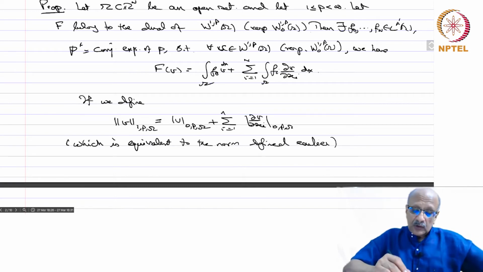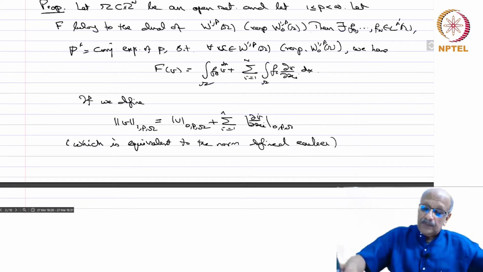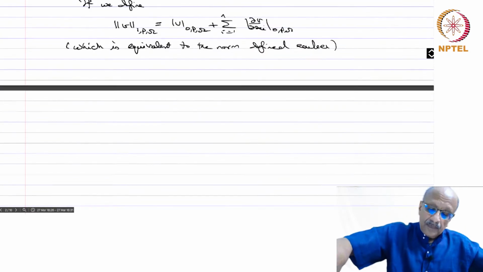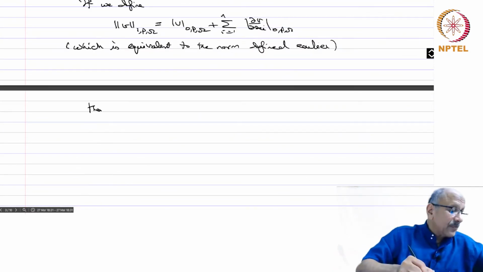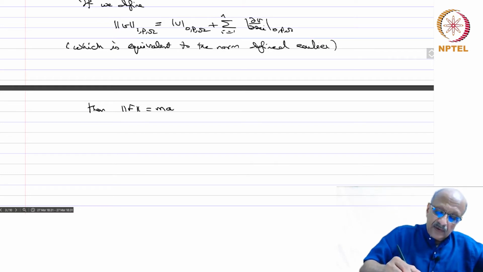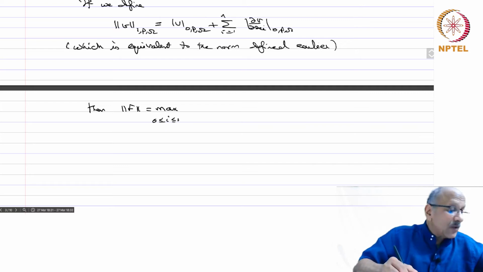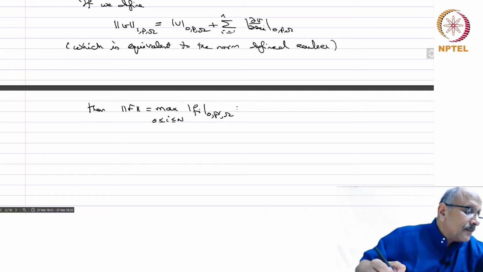What is that? We took the pth powers and then took 1 by p. Okay. Then the norm of F equals the max over 0 less than or equal to i less than or equal to n of the norm of Fi in LP dash omega.